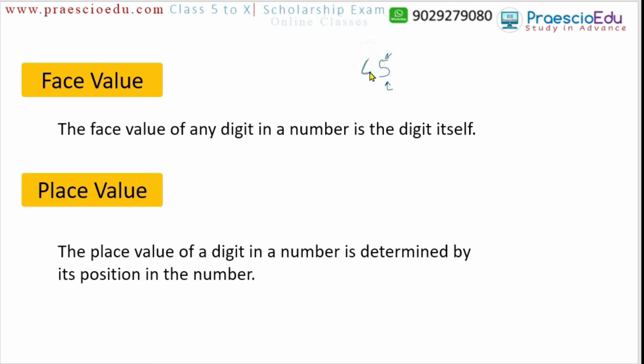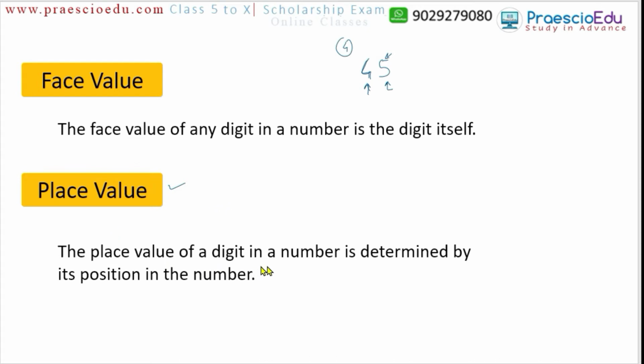Then 4 is the face value at the tens place. Like this, the digit itself at that particular location, the tens or hundreds place, is called the face value.